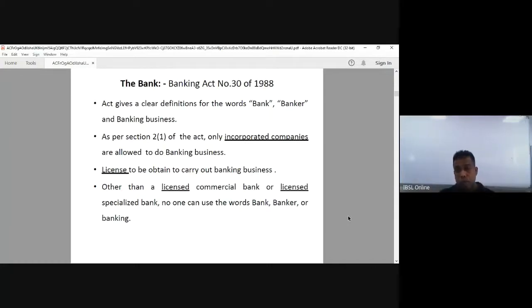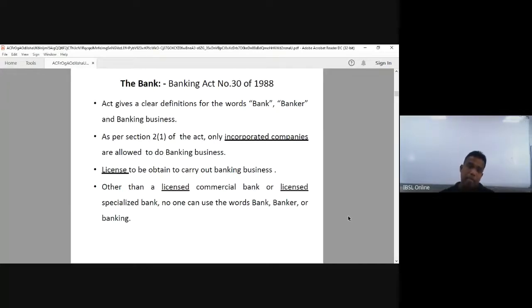So they have to do banking business as per the provisions of the Banking Act. Likewise, we have other government banks, People's Bank, NSB. We have several government banks and development banks which are established under different acts passed by the Parliament.